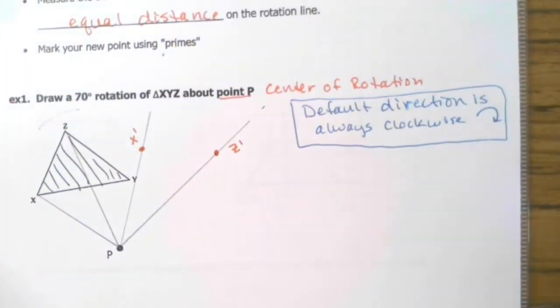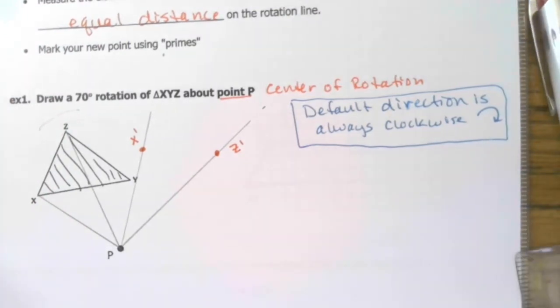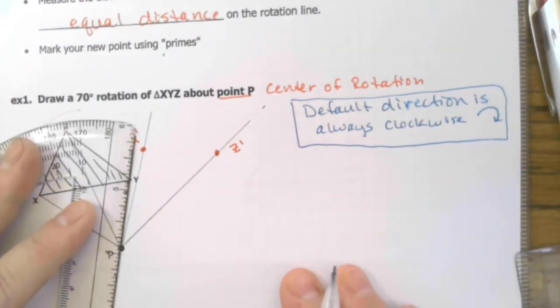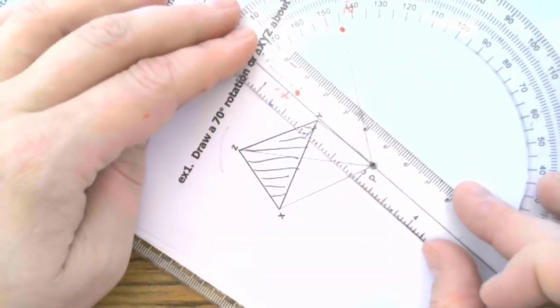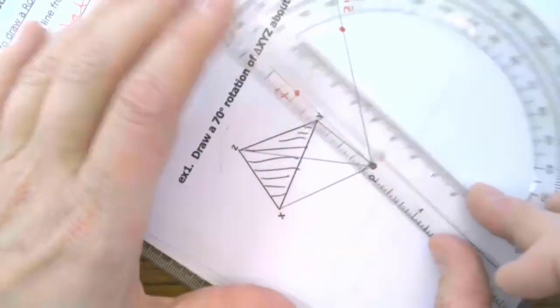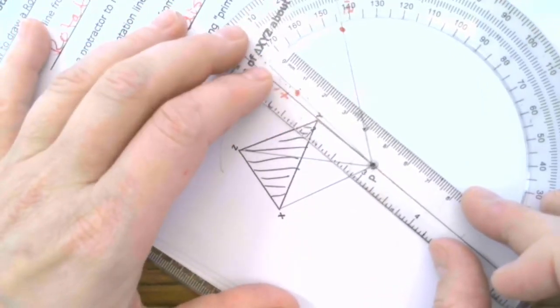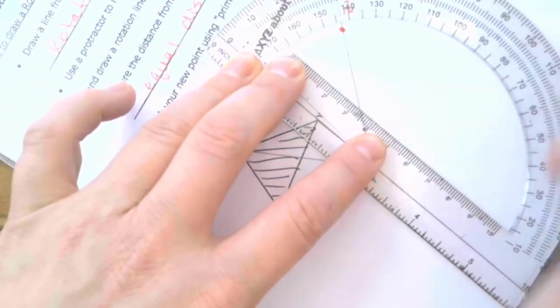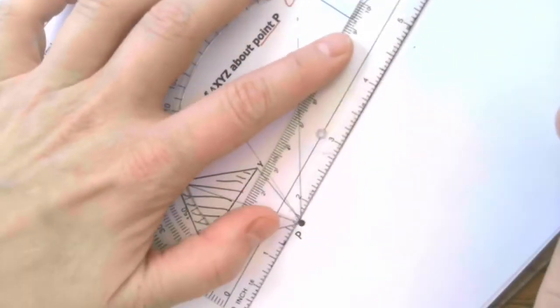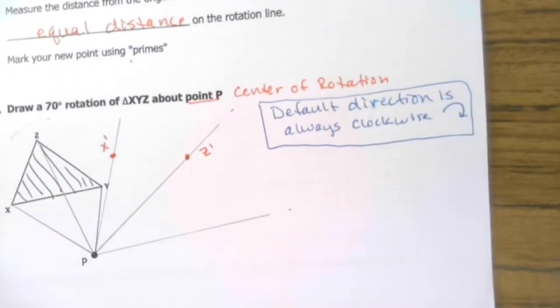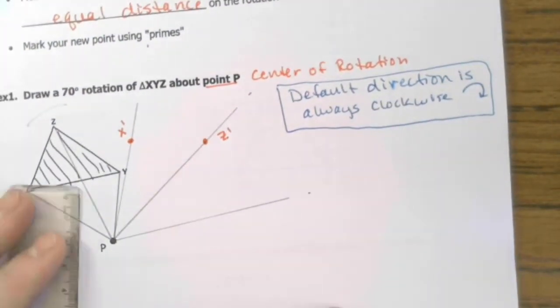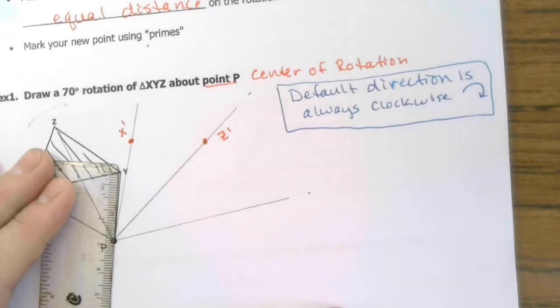All right, last one is the Y. So we're going to draw a line from Y to the center of rotation. And again, you might want to turn this so you can measure a little easier. We're going to put the baseline on our PY line. Measure 70, make a mark. Draw a line from P through your 70 mark. Okay, so now we need to measure from P to Y. It is 2 centimeters and looks like 7/10.